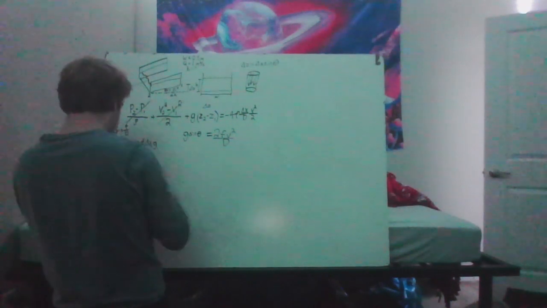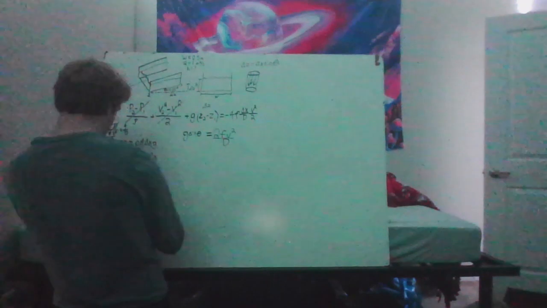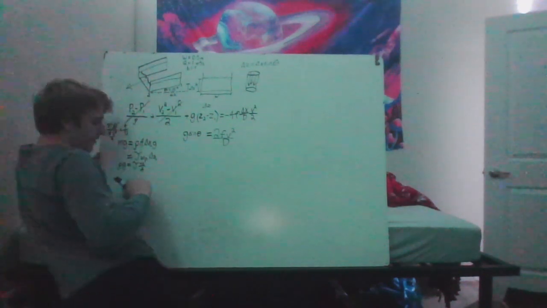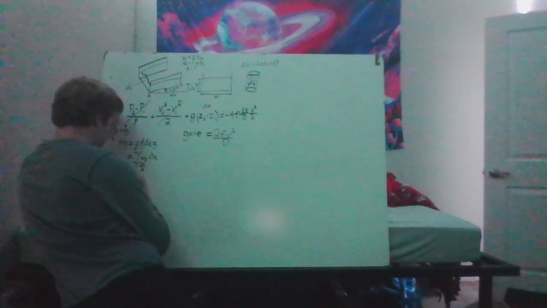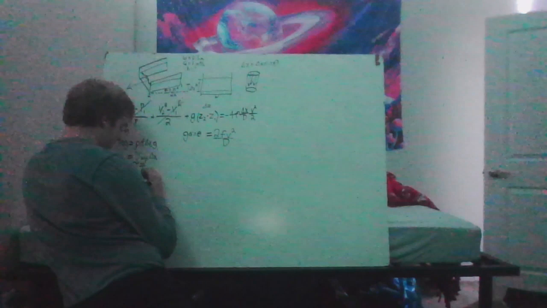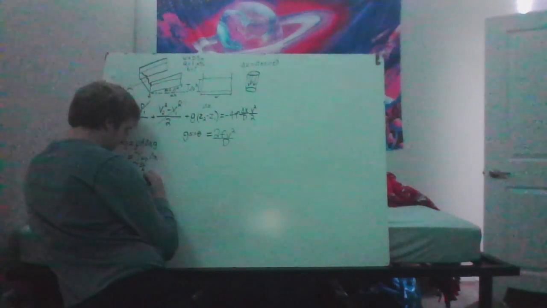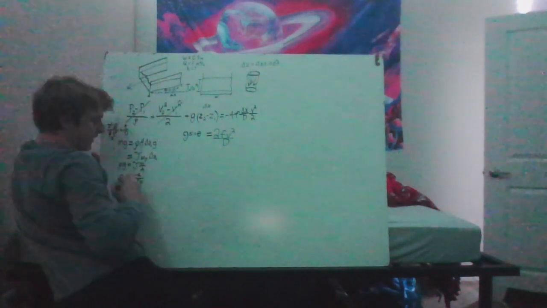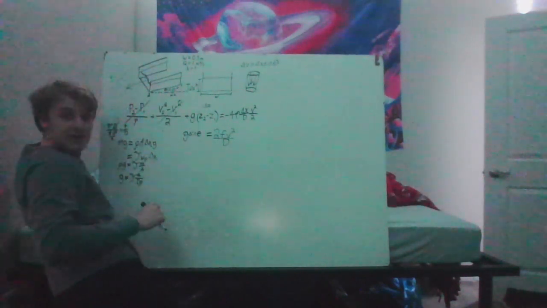So now we can plug that back in down here. And I'm also going to divide by rho on both sides. And we'll end up with g equals tau 4 over d rho. Now what we can do is plug this in over here for g.